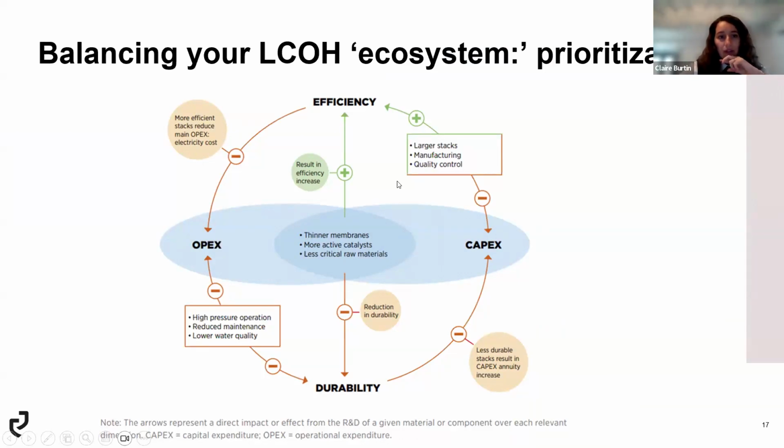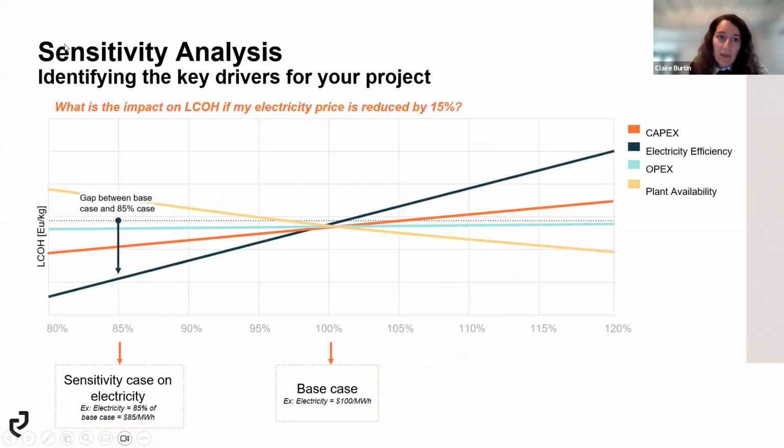And that's what you do in a sensitivity analysis. You select a few items that you think are going to be dimensioning or impactful in your project, and then analyze how they make your LCOH vary if, for example, you increase them by 5%, 10%, 15%.